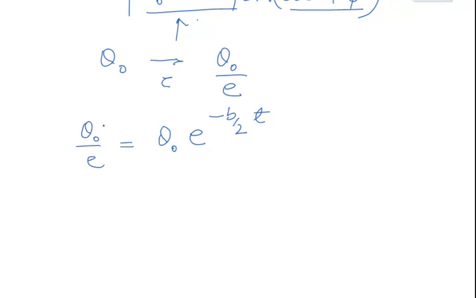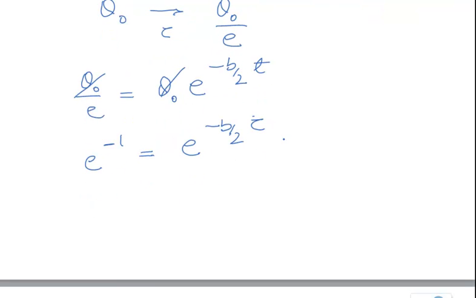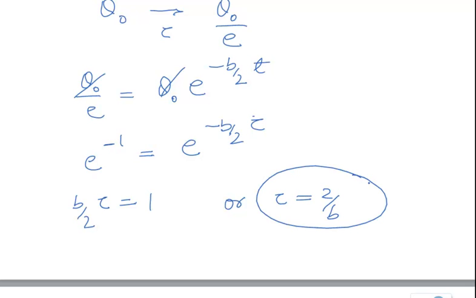Okay, so theta naught will cancel out and we will have e to the power minus 1 equal to e to the power minus b by 2 tau, where t is the tau or average time. That means b by 2 tau is equal to 1, or tau is equal to 2 by b. Okay, so this is the average lifetime.